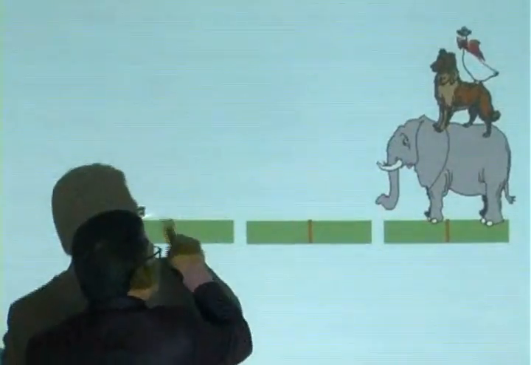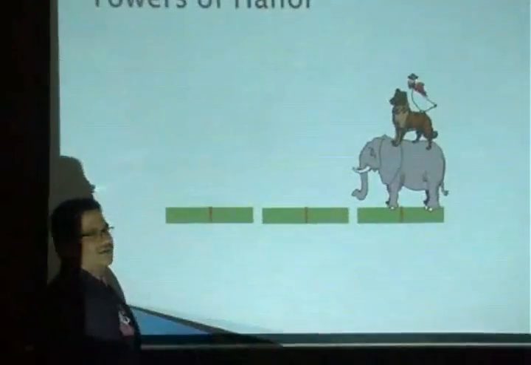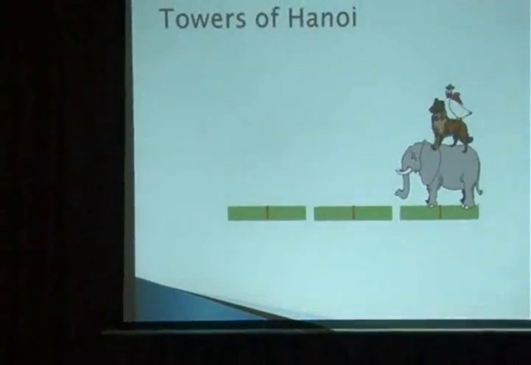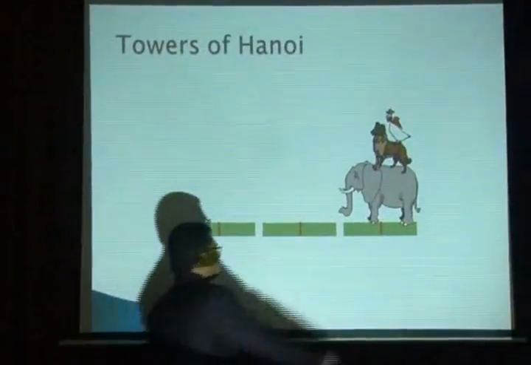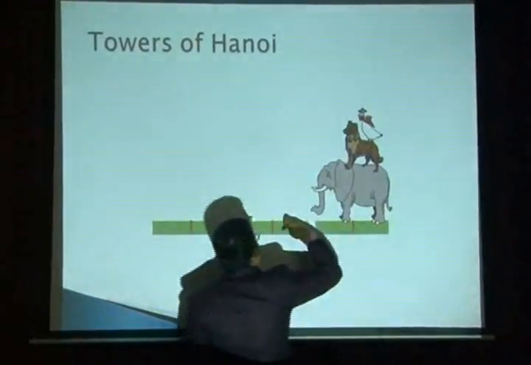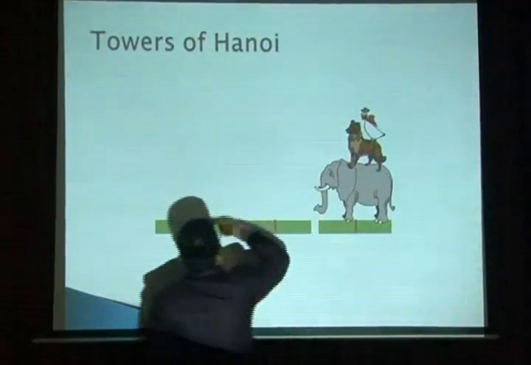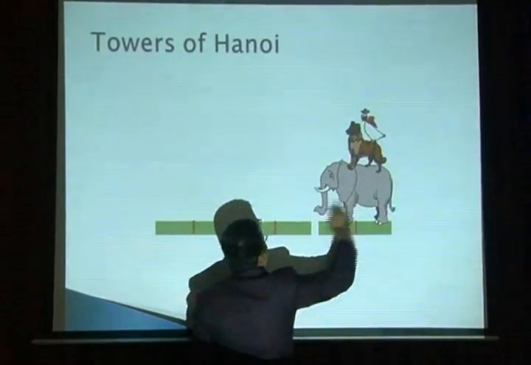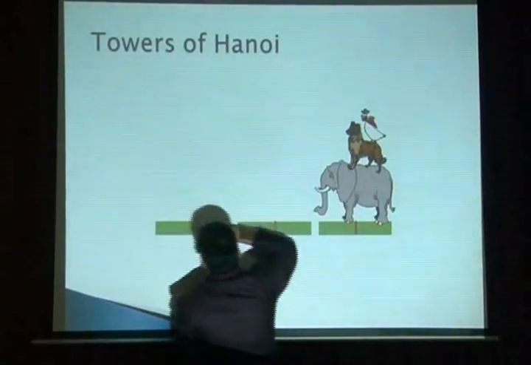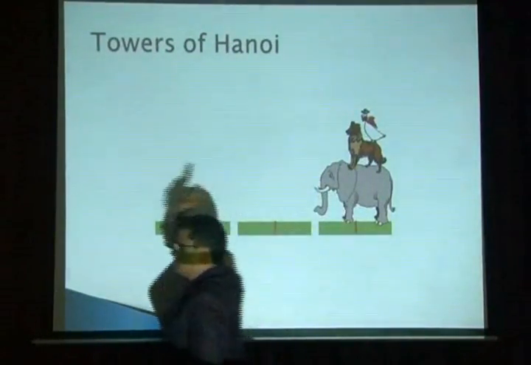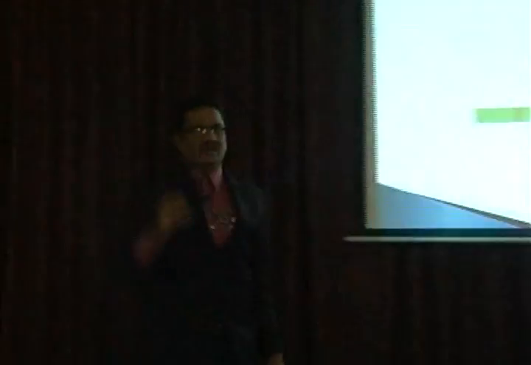The intention is to shift them as they are using the intermediate pole. The smaller one I will place here, and this one I will place here. Next, I will place this one here, and this smaller one I will place here. In this concept I will use recursion.